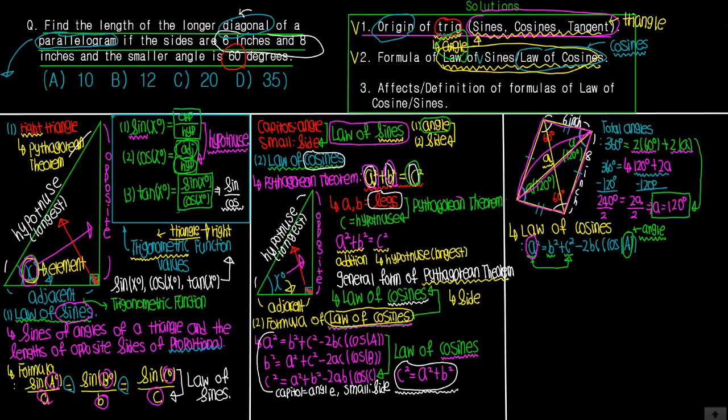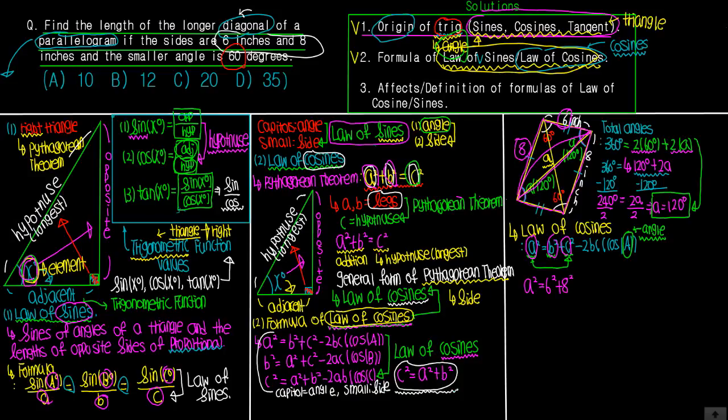Well, it is the a. We don't know it yet, so we simply write it as a squared. What is the b one? Well, b is the given one. It can be either 6 or 8, so we'll just simply plug in 6. We have b squared plus c squared. What is c? Well, it should be the 8-inch side that is parallel right over here. So the c value will be 8.